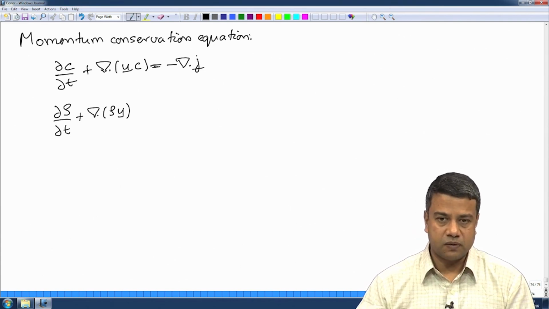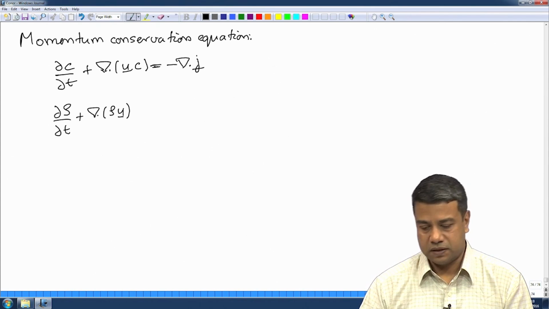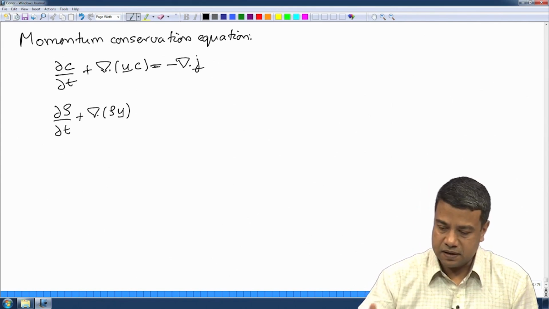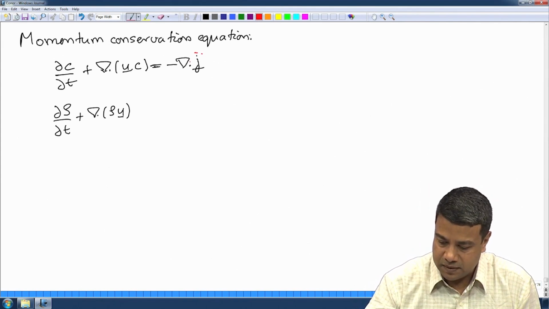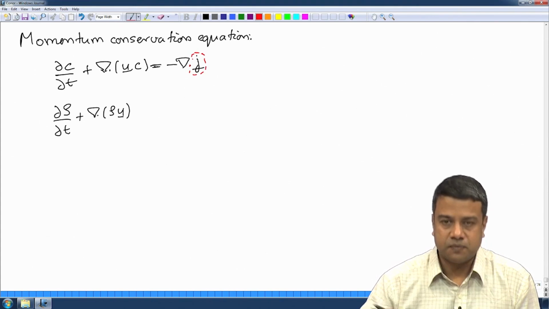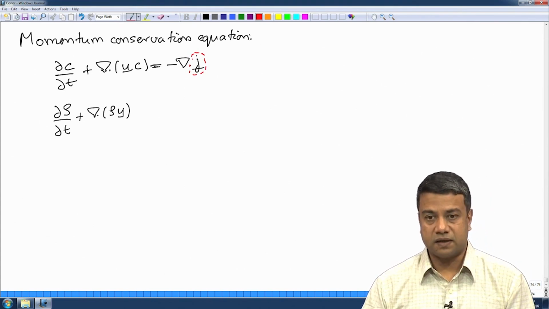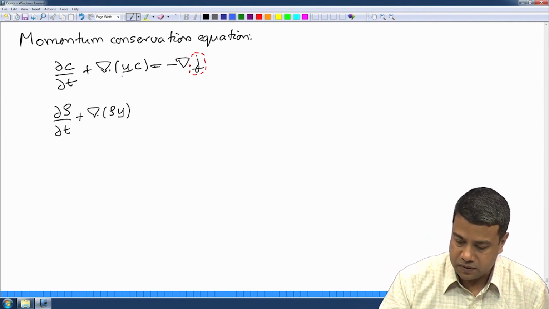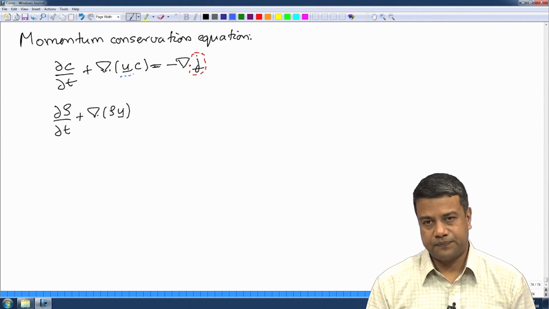If I have put one particular species within the fluid, the flux basically tells you how the mass of that particular species is moving relative to the center of mass of the fluid. After all, u is the center of mass velocity.